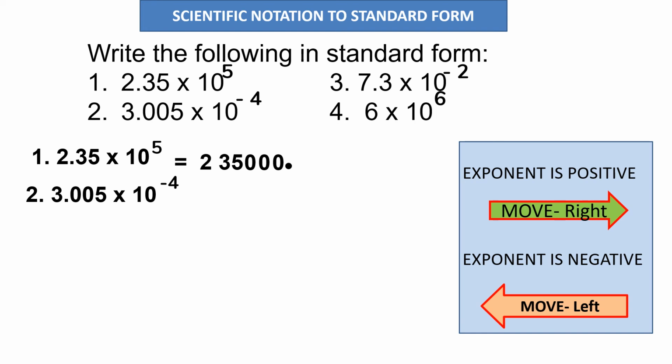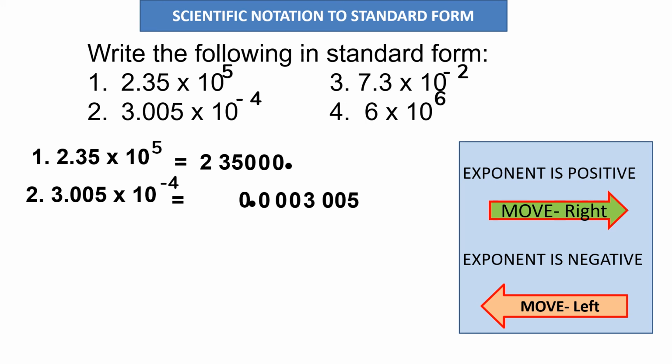So write first 3.005 and then move the decimal point 4 units to the left. So we have 1, 2, 3, 4, and then place the decimal point. This time, you place 0. So the answer now is 0.0003005.